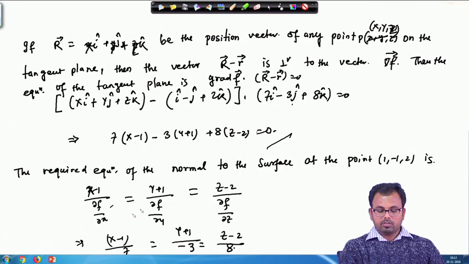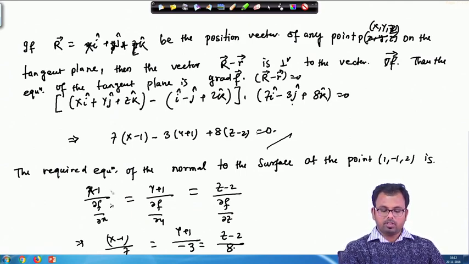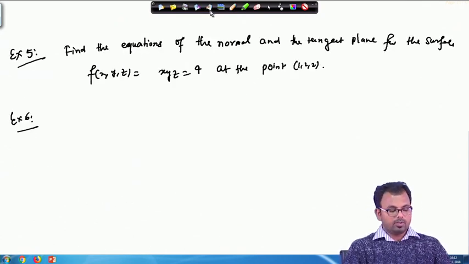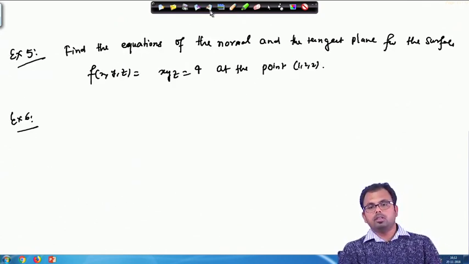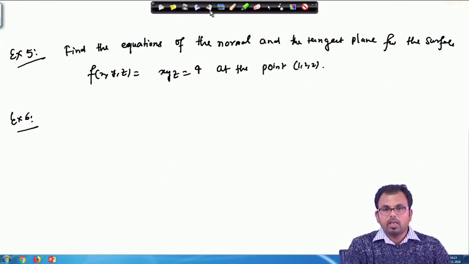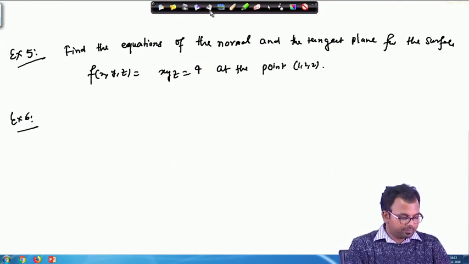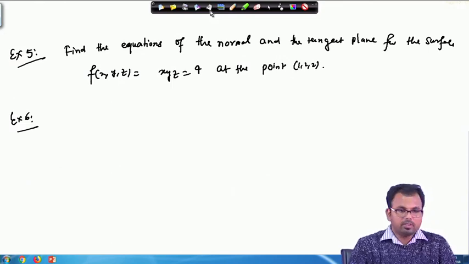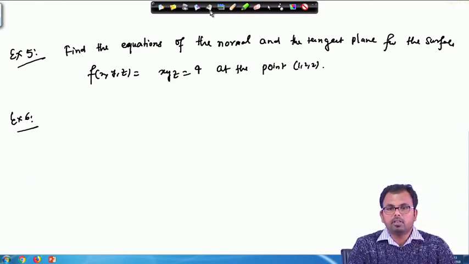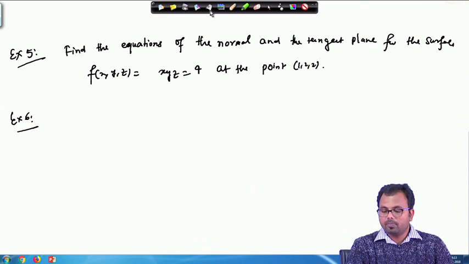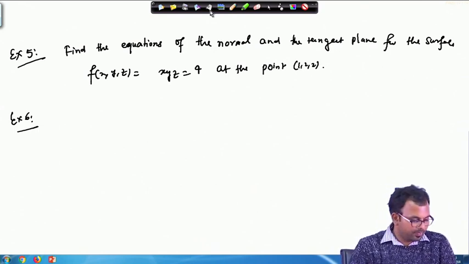Just equate the coefficients for del f del x, del f del y and del f del z, and that will give you the required equation of the normal, and the tangent plane is already given. So, this is how we calculate the tangent plane and normal of a given scalar function f at a certain point p.